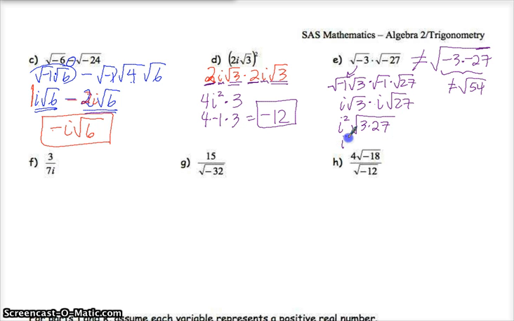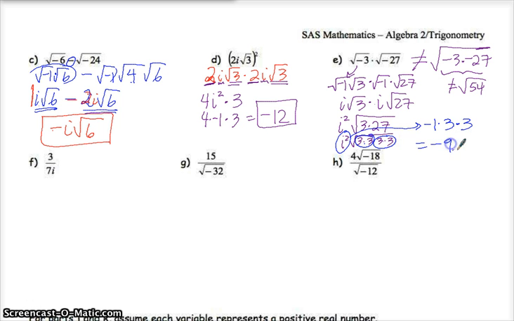So that's i squared, and then 3 times 27 is 81, or you can see here that we have a couple of pairs of 3's, and for every pair we take them outside. So i squared is equal to -1, the square root of 3 squared is equal to 3, and the square root of 3 squared is equal to 3.